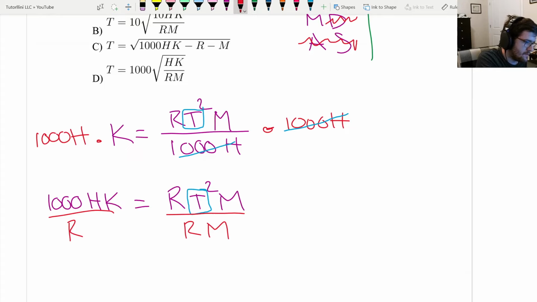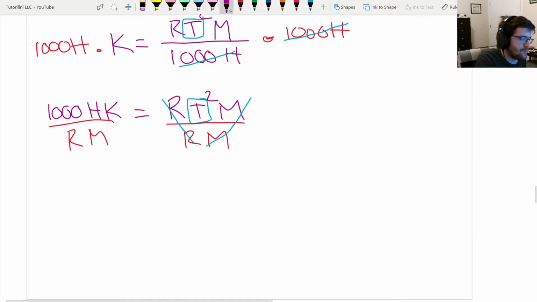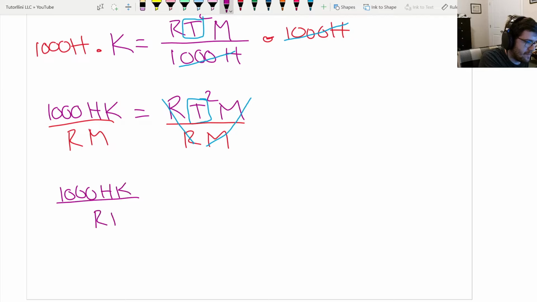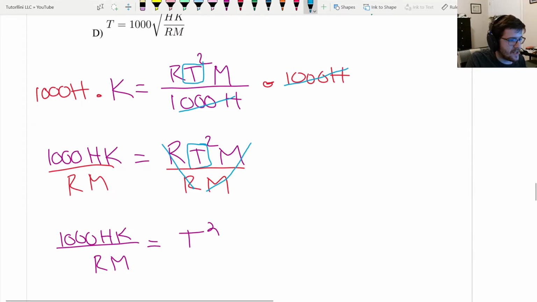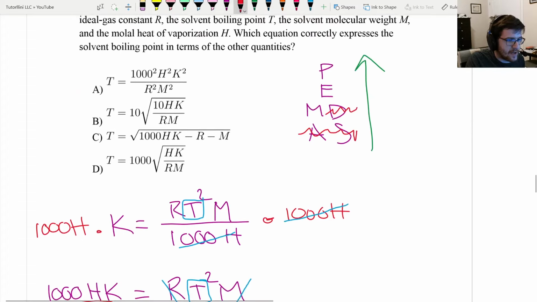Let me fix that. Okay, so this guy goes away, this guy goes away, and we are left with 1000HK over RM equals T squared. Again, we still want to get this T by itself. Let me put a box around him. And we're done with multiplication, so now we're just going to do the exponent.